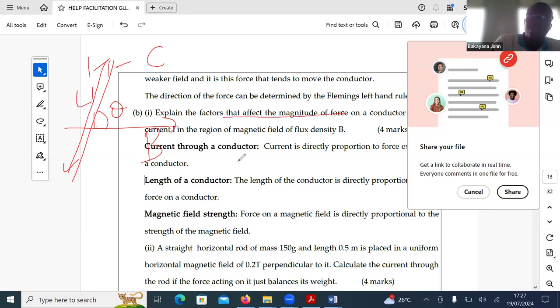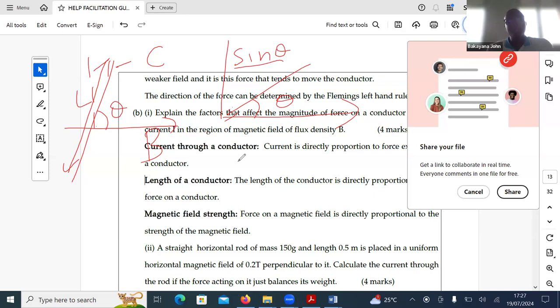In other words, if this is our magnetic field, and this is the angle, if we resolve vertically, then this side would be a sine of the angle theta.